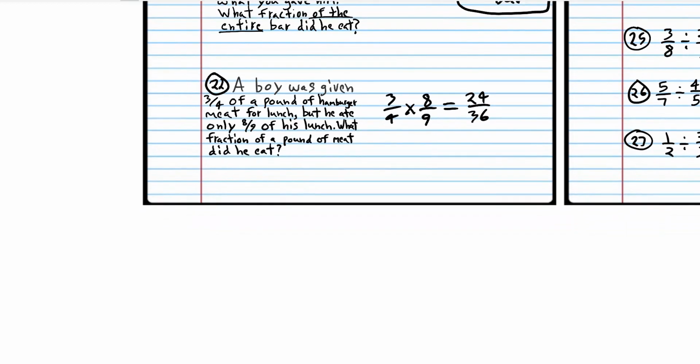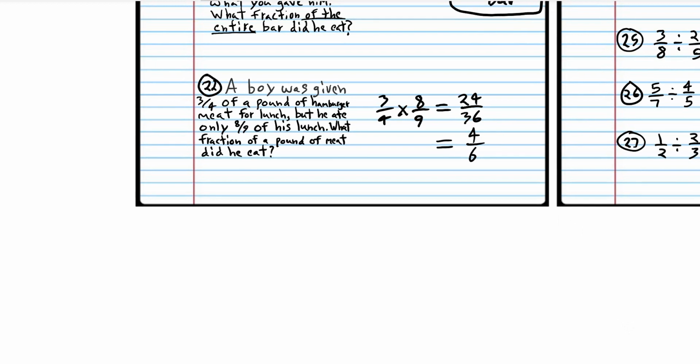But I know that I can reduce that if I divide both sides by 6. 24 divided by 6 is 4, and 36 divided by 6 is 6. But I can actually go further. Divide both sides by 2, and you get 2/3. So he ate 2/3 of a pound.